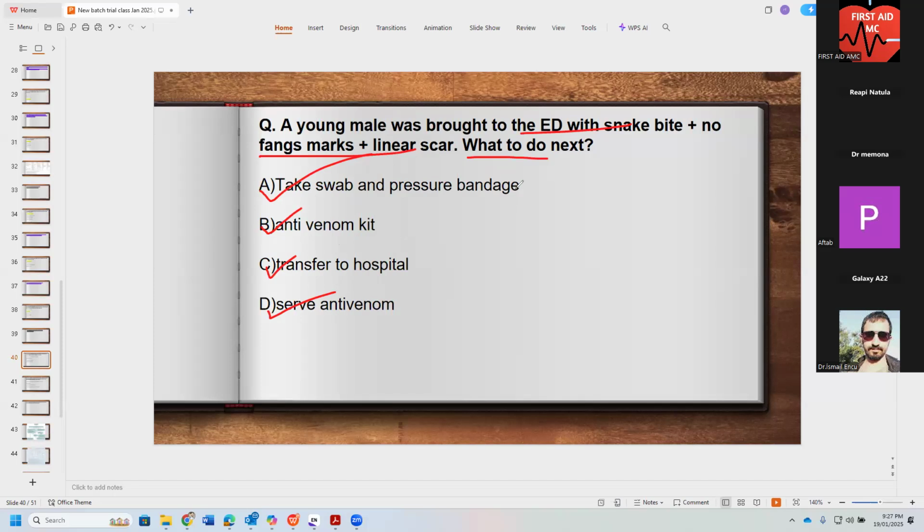Initial management of a snake bite: yes, transfer to hospital is a must. What do you do next means they're asking about initial management. Next we do a pressure bandage and swabbing, and then transfer them to the tertiary hospital, after taking bloods as well.